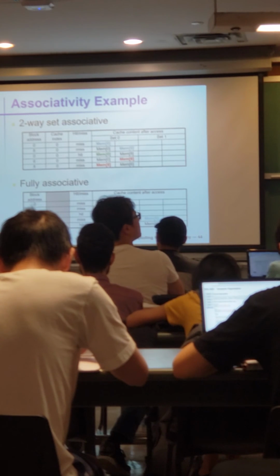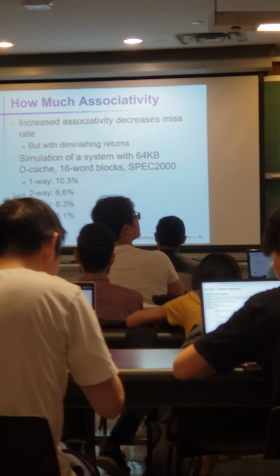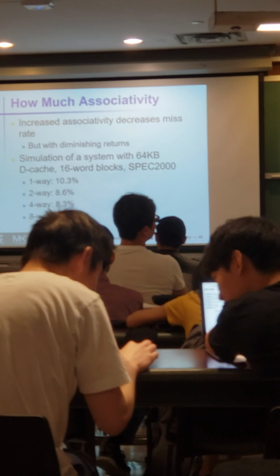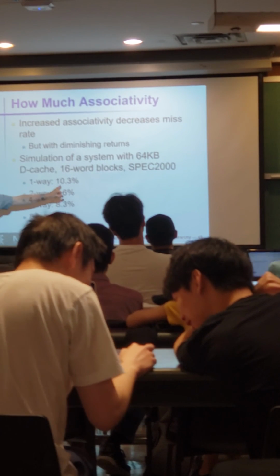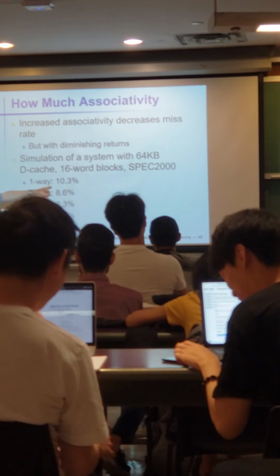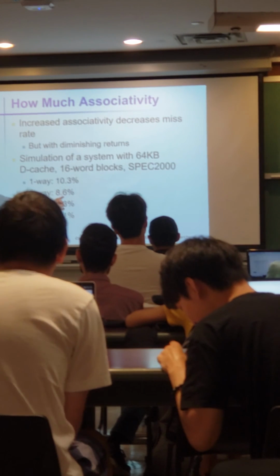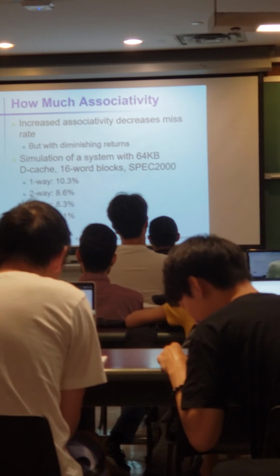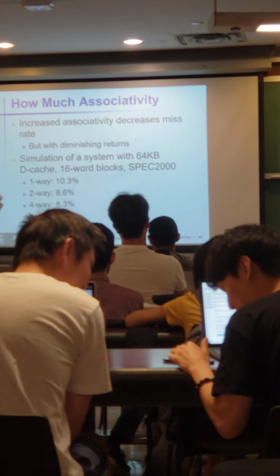So it's getting more complicated. And then how much associativity is actually good? If you have one way, based on some initial conditions, this is the miss rate: slightly over 10%. If you make it two-way, it decreases the miss rate.